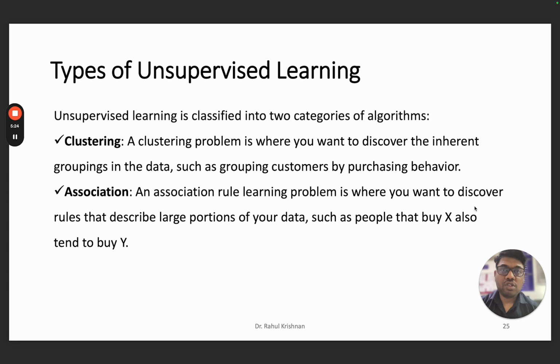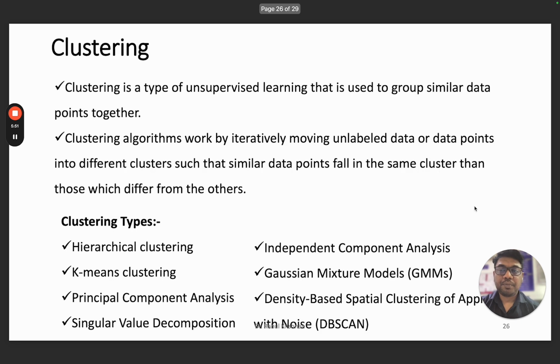There is a set of rules: if we do this, then that will happen. Based on the association rule, we can build up relationships and apply the learning. That is association rule. Clustering and association are the two types of algorithms we use on unlabeled data sets, which we call unsupervised learning.